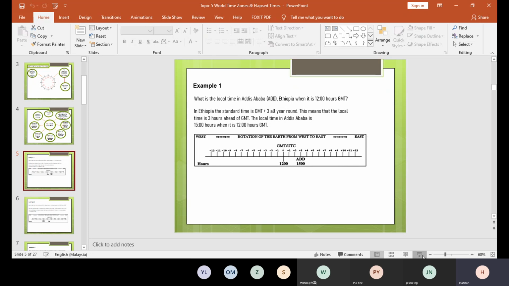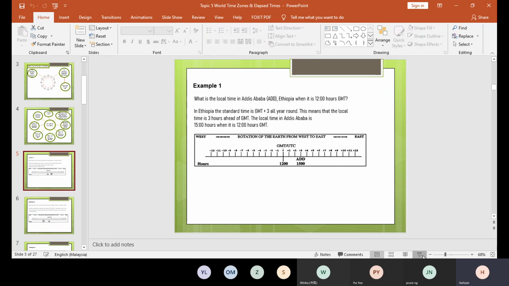They said GMT is 12 hours, which is normally near the Greenwich Meridian, so GMT means 0 here. The difference is plus 3 hours. What you should do: the GMT time we know is 12, and this one is plus 3, right? So 12 plus 3 equals 15. So that is very easy for you to know the time.